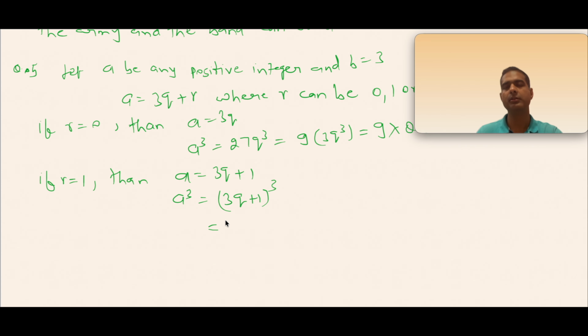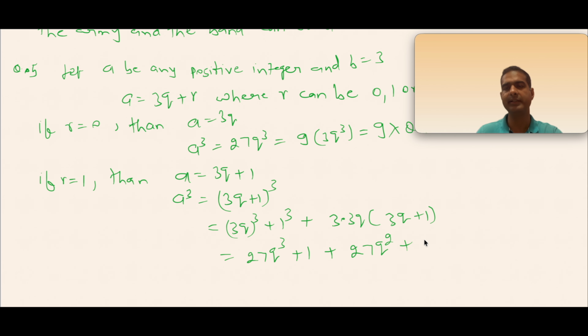If we know the formula, then a plus b cube is a cube plus b cube plus 3ab into a plus b. So if I cube it, 27q cube plus 1 plus 9q into 3q, 27q square plus 9q into 1, 9q.